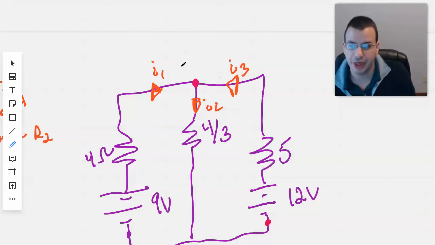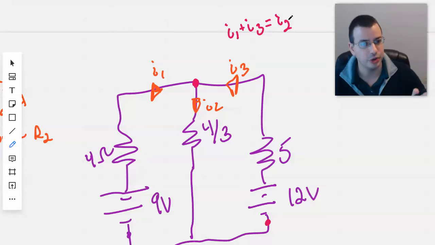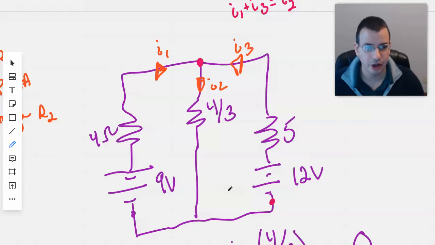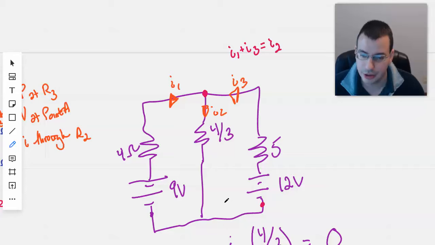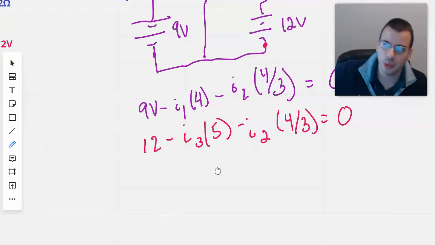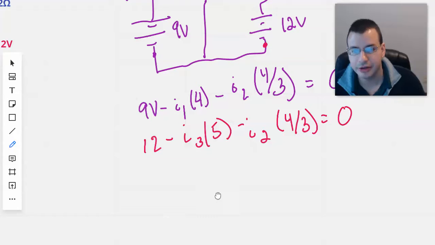And so we know that for all the currents coming in, I1 plus I3 equals I2, because all the inputs have to equal all the outputs. Think of it as water going through a pipe. All the water that comes in is going to be all the water that goes out, ideally, as with an incompressible fluid.